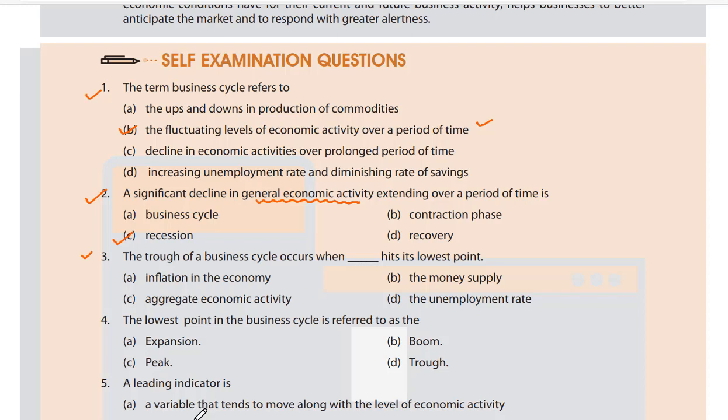A. Inflation in the economy. B. The money supply. C. The aggregate economic activity. Or D. The unemployment rate. The answer is C: the aggregate economic activity in the country hits its lowest point.